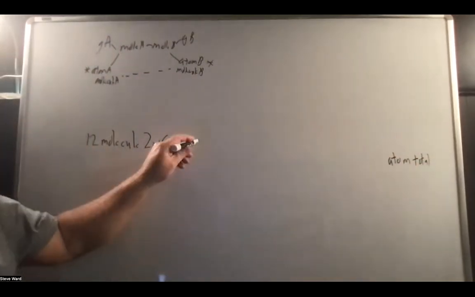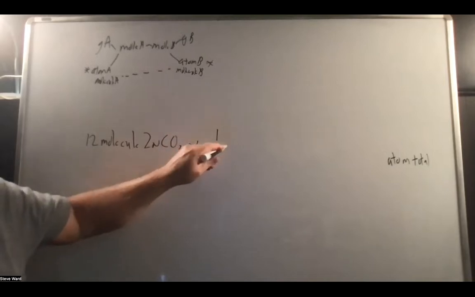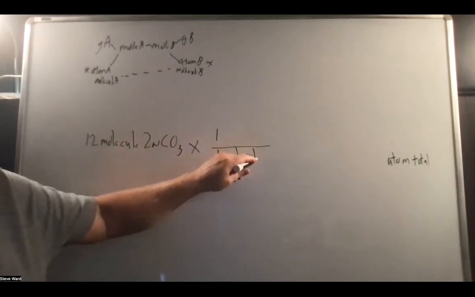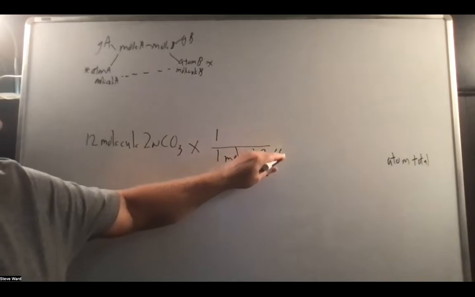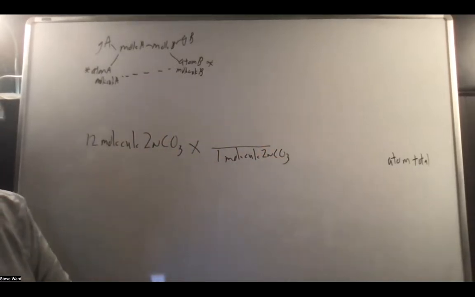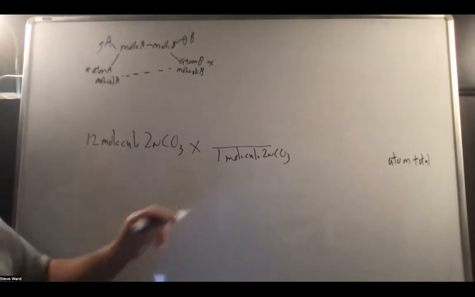Okay, so notice what I can do. Put 1 molecule on the bottom. Now notice it's not asking for how many atoms of zinc, how many atoms of carbon, or how many atoms of oxygen. It's asking for the total atoms.